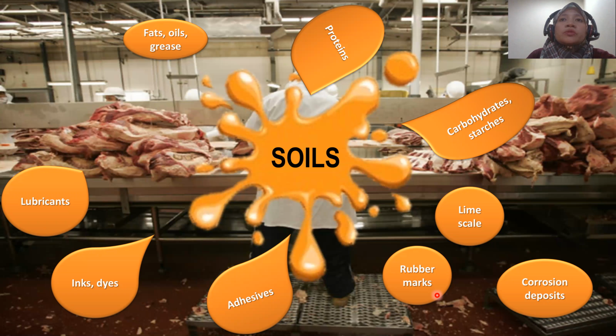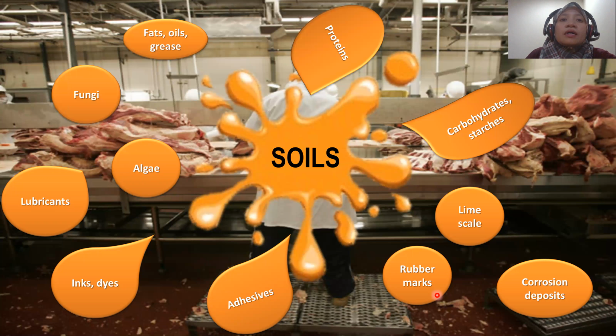Algae may also grow in moist areas, especially where high condensation happens. Fungi may also grow in moist areas, for instance near chillers, freezers, and silicone sealants.